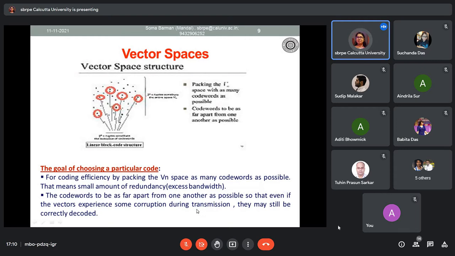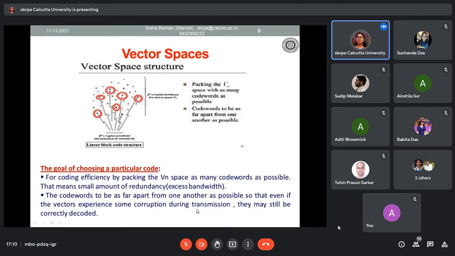Means, if I take a code word 1011 and another code word 1001, in how many positions do they differ?